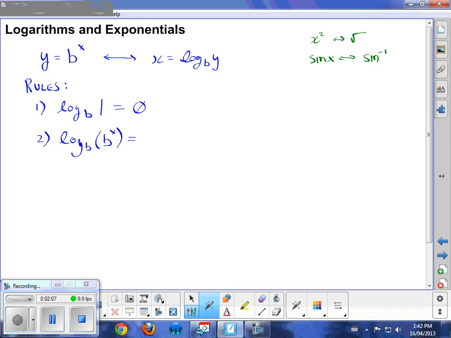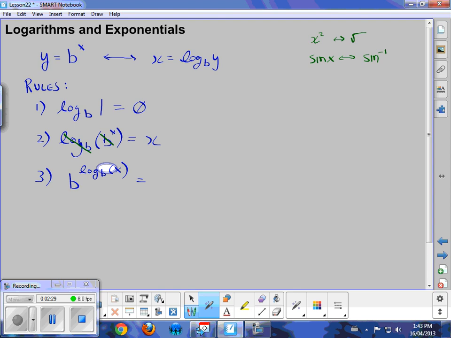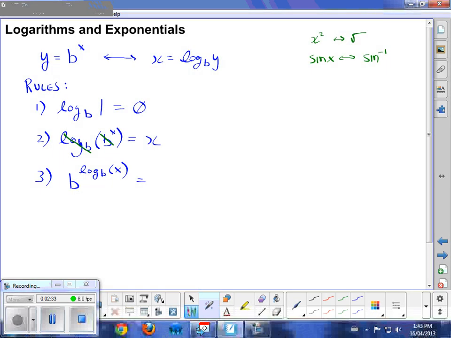So those functions essentially undo each other, which means you're just left with x. Similarly, if you have it the other way, such that b is to the exponent log base b of x, same thing happens here. They're inverse functions, they undo each other, which results in a value of x.